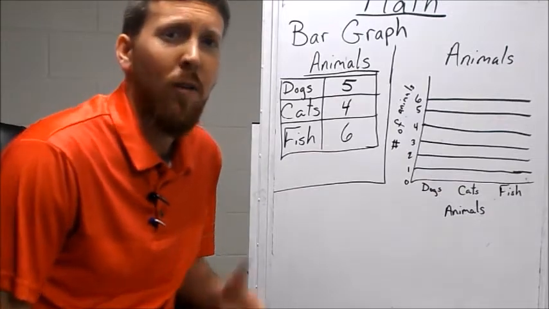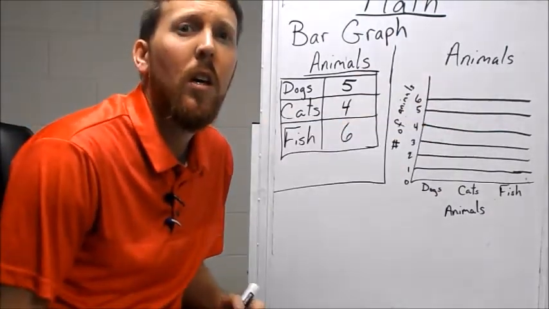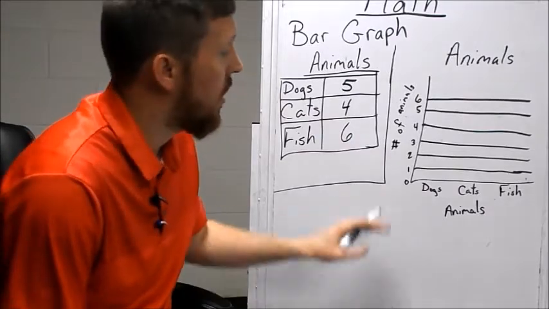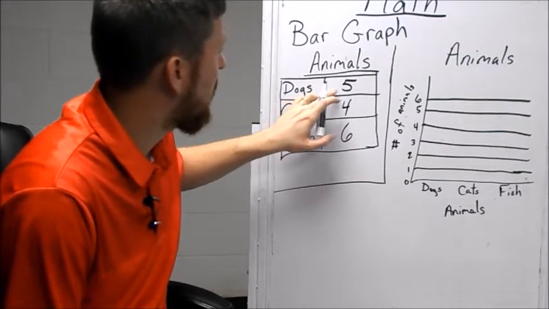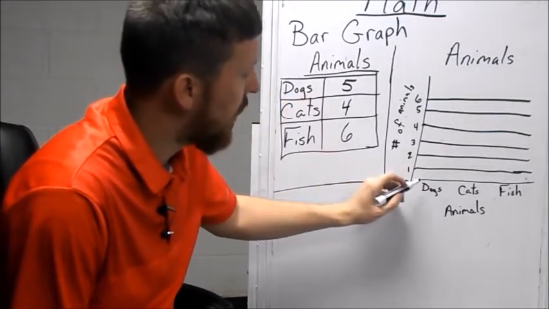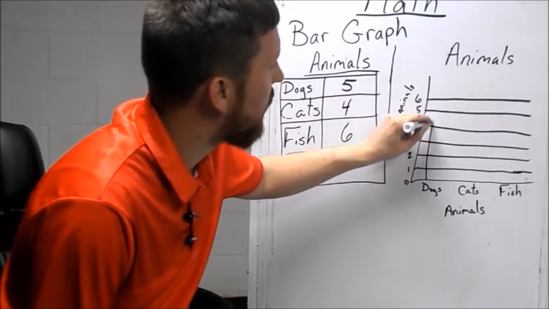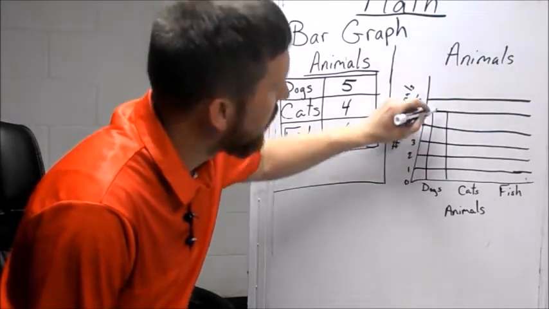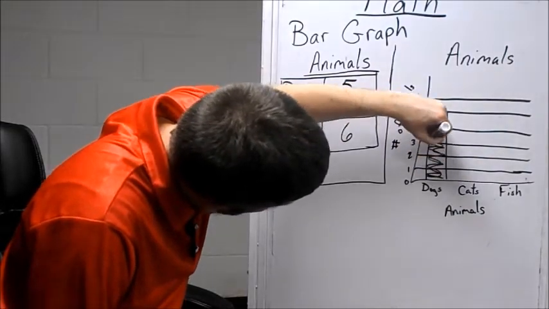And when you do a bar graph, remember this one is going to be a vertical bar graph where you are doing rectangles. So my first animal is dogs. I go and look at dogs. Dogs is 5. So I'm going to start at the 0 line, and I'm going to go up to that line that says 5. I'm going to draw a bar, and I'm going to shade it in.